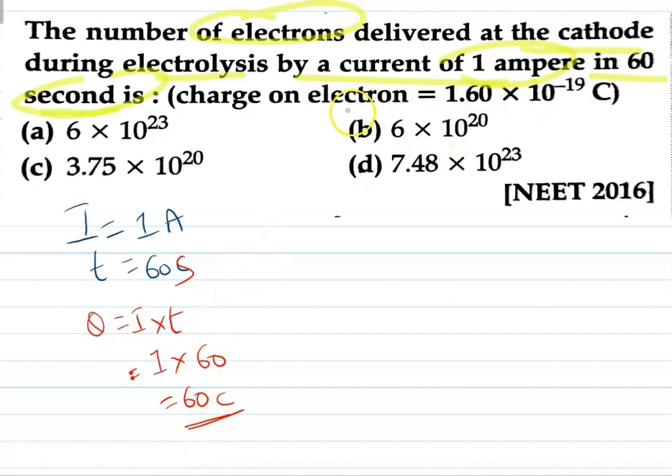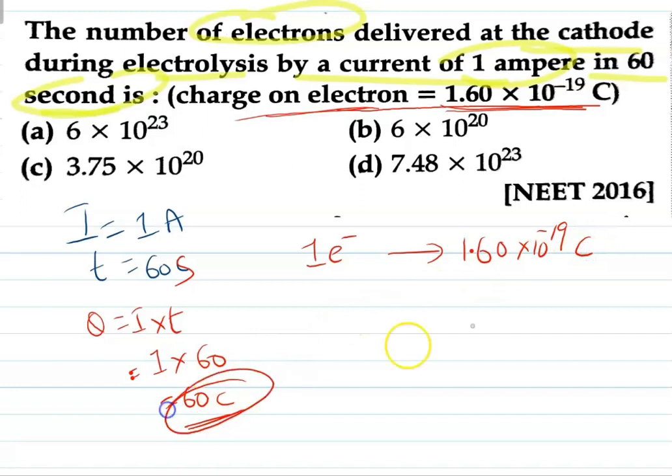So he has given you the charge on an electron as 1.60 into 10 to the power of minus 19. That is the charge on 1 electron. That means 1 electron will have a charge of 1.60 into 10 to the power of minus 19 coulombs. Then 60 coulombs will have how many electrons? Because you need the number of electrons, right? This is the charge that is being transferred. So 60 coulombs we got, but we need the number of electrons.